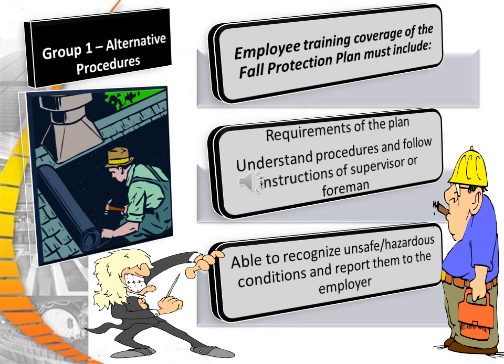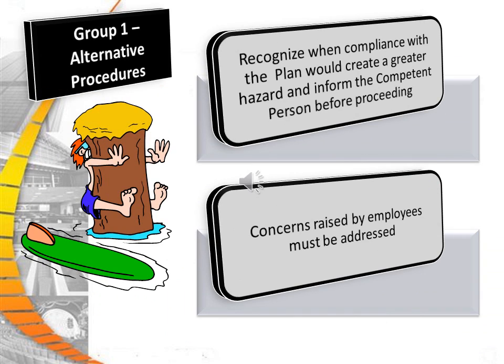They must be able to recognize unsafe or hazardous conditions and report them to the employer. Alternative procedures call for recognizing when compliance with the plan would create a greater hazard and informing the competent person before proceeding. Concerns raised by employees must be addressed.